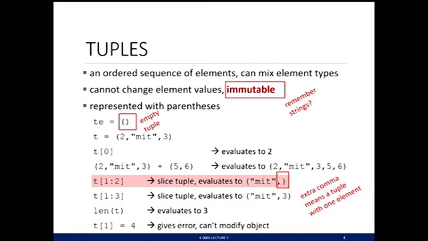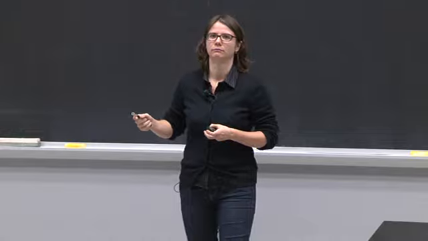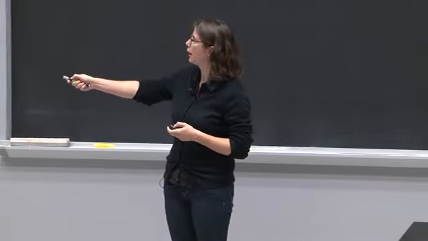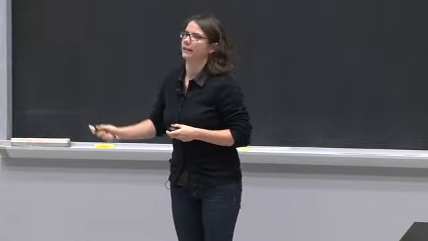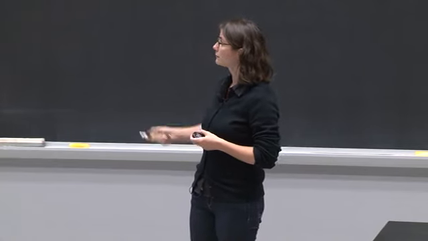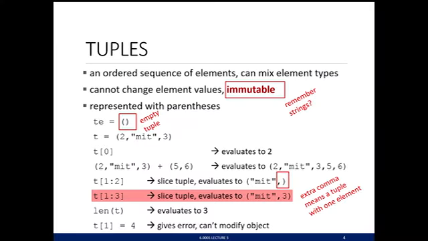If I didn't have this comma here, then this would just be a string. The parentheses wouldn't really make any difference. But the comma here makes it clear to Python that this is a tuple with only one element in it. We can slice even further to get a tuple with 2 elements.